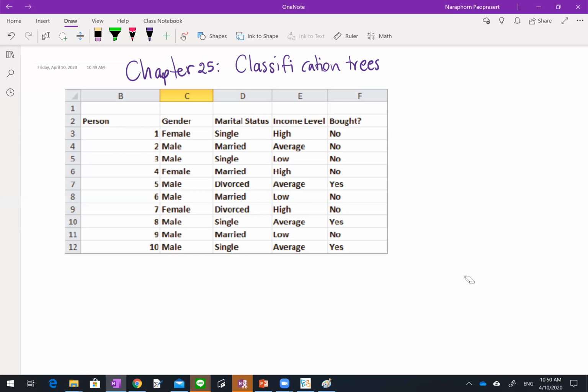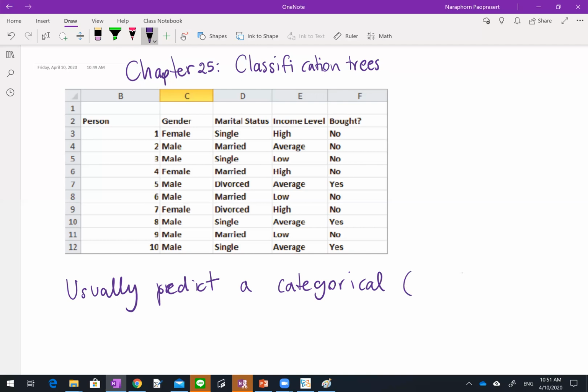So a classification tree usually predicts a categorical outcome, meaning something like red, black, white, short, tall, yes, no. Normally for classification trees we use binary, so whether yes or no, 0 or 1.